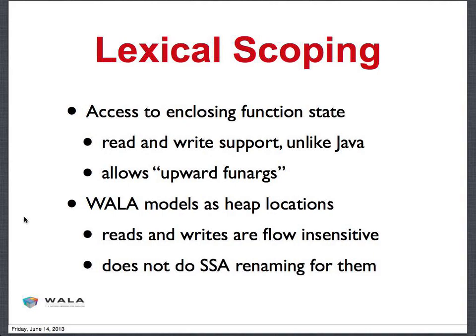And so the way we deal with all of that is we effectively model lexically scoped variables as heap locations. And so our reads and writes are flow insensitive, and we are not doing SSA renaming on that. I said we convert local variables to SSA, and we do, but lexically scoped locals are special and do not. They effectively get treated like heap locations.